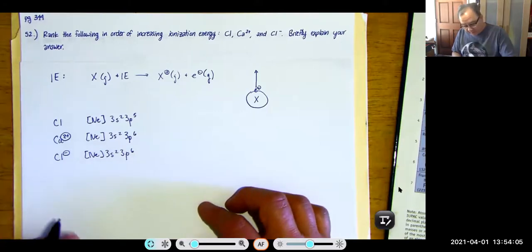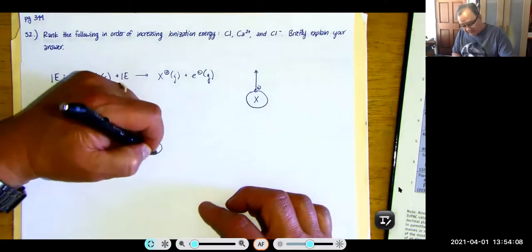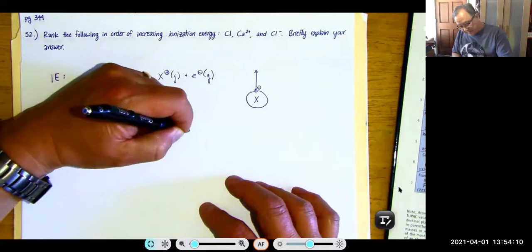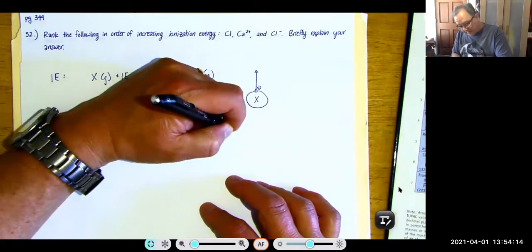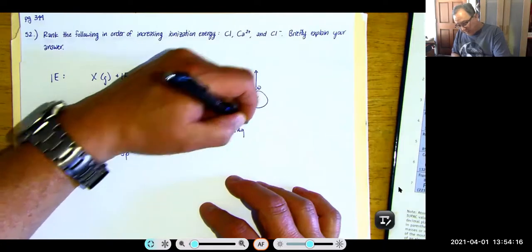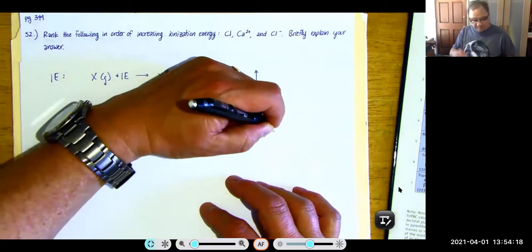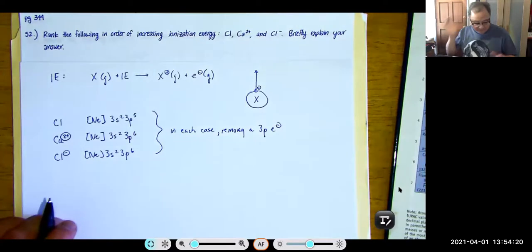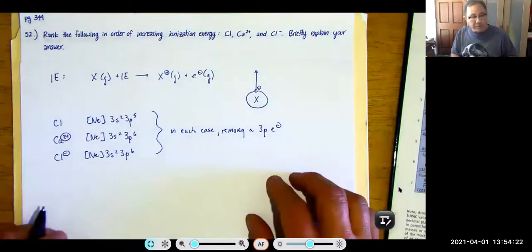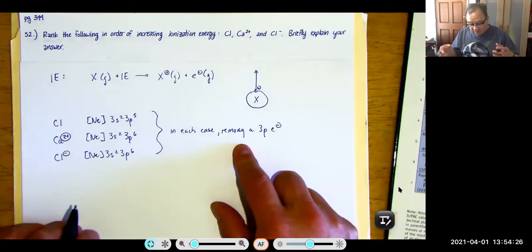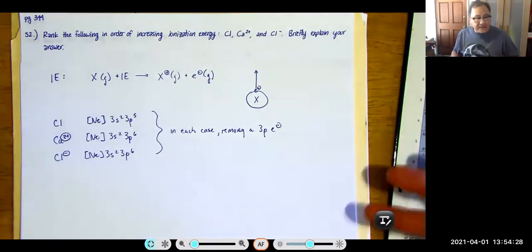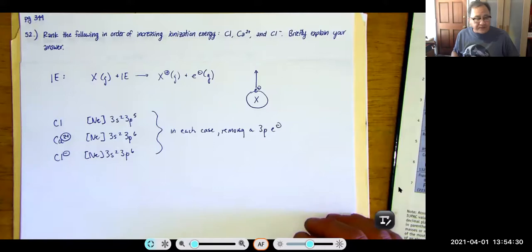So here, if we take a look, in each case we're removing a 3p electron. Considering that, we then need to consider what else might affect the energy required to remove these.